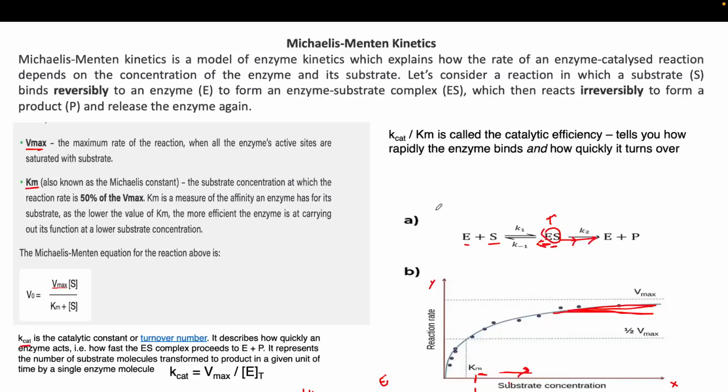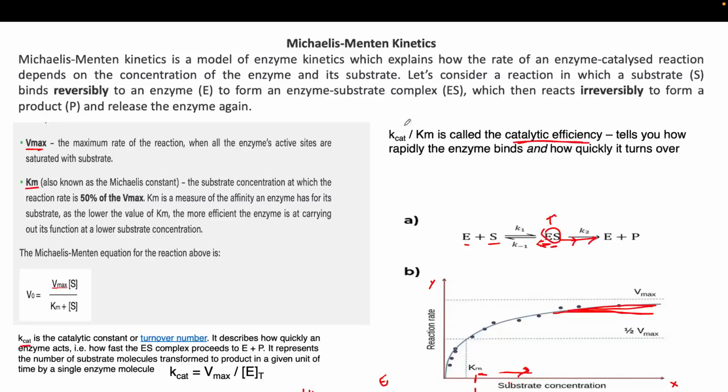The next thing is kcat by Km. This kcat/Km is called the catalytic efficiency. It tells you how rapidly the enzyme binds and how quickly it turns over. Both things are defined, and these two define the catalytic efficiency of the enzyme.